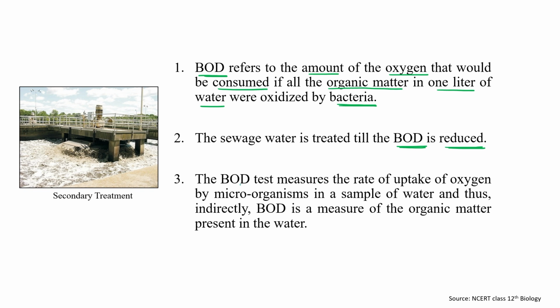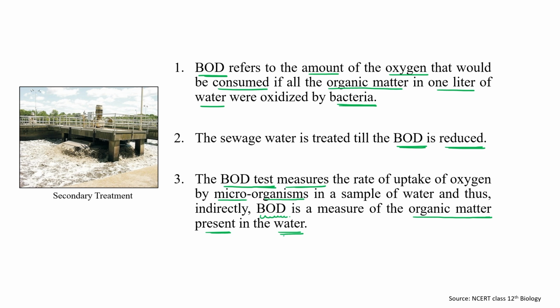It is a test measure, the BOD test. This BOD test tells us the rate of uptake of oxygen by the microorganisms in a sample of water. Thus, indirectly, BOD tells us how much organic matter is now present in the water.